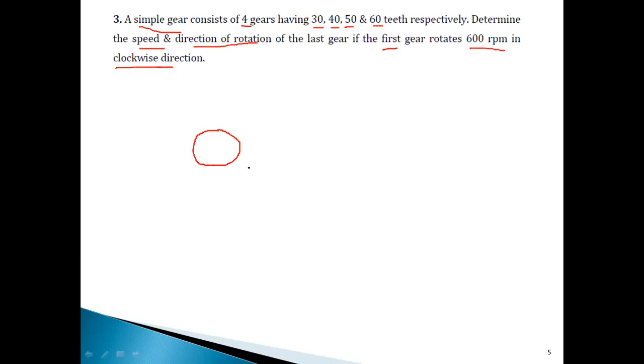Between the two, what will they be? They are nothing but our idler gears. So this is the first idler gear, this is our second idler gear, and this is the last driven gear. So this is number 1, the driver gear; 2 is the idler gear, 3 is the idler gear, and 4 is the driven gear. This is the assembly, and it is already given that the driver gear rotates in the clockwise direction.